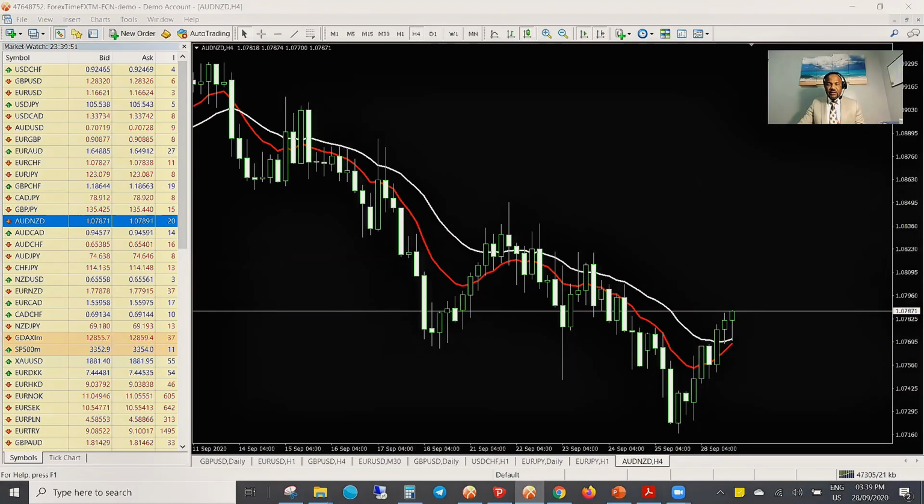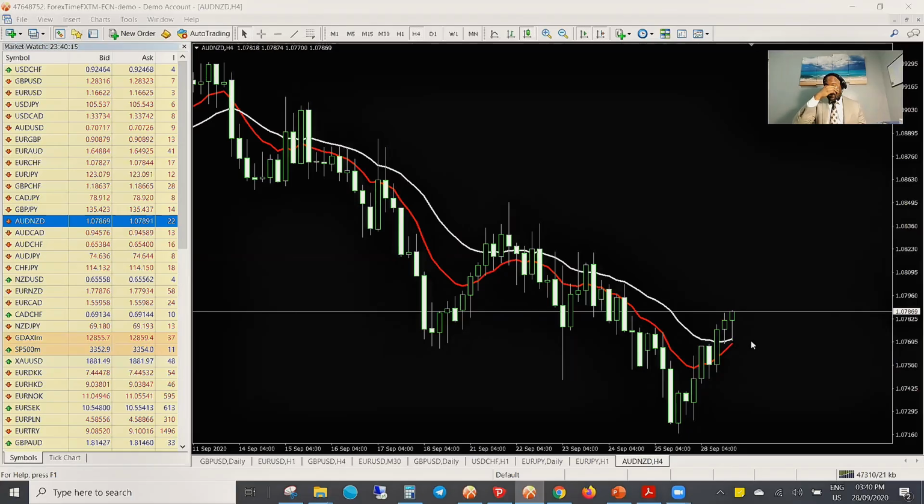The MA10 is about to cross above MA20. The red line is about to cross above the white line, and I'm watching it because I want to buy. I know that it's still showing downtrend here and waving up, but let's say it's going to cross above it.